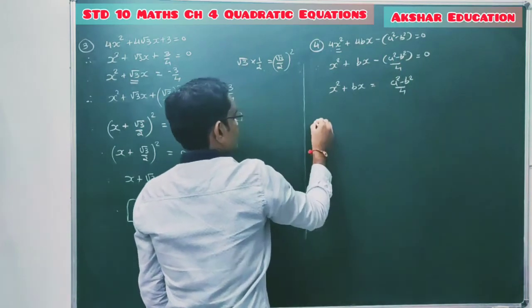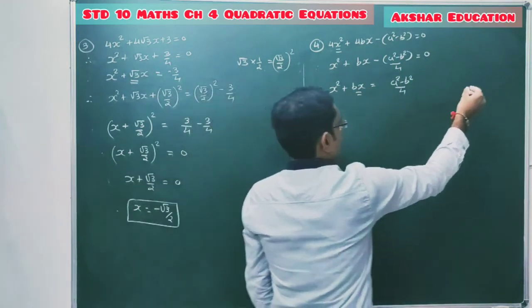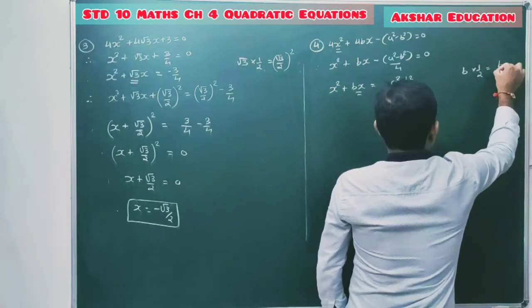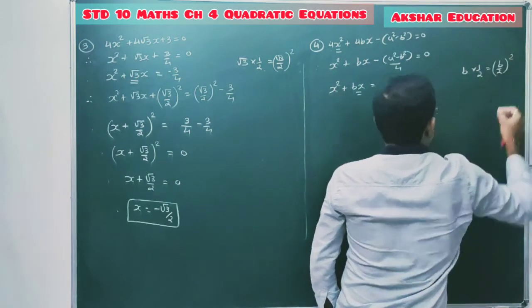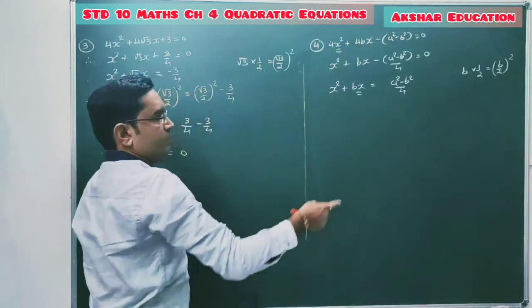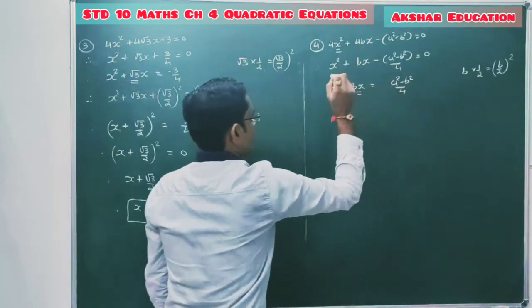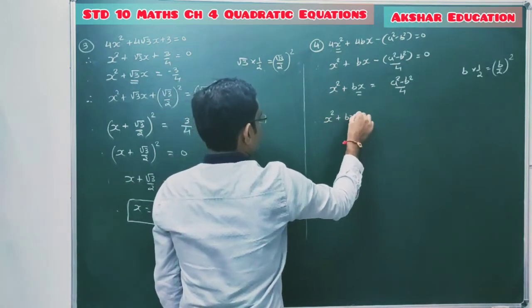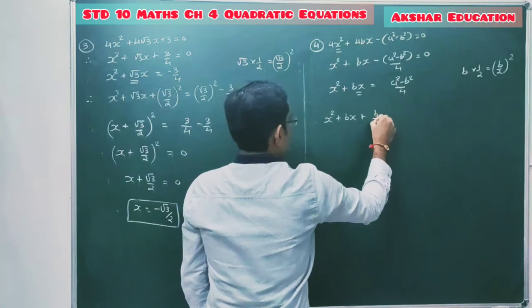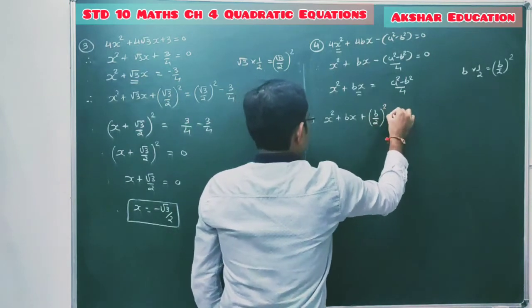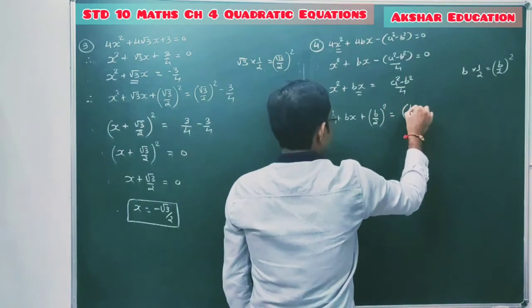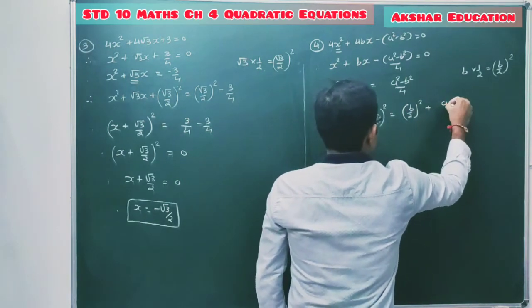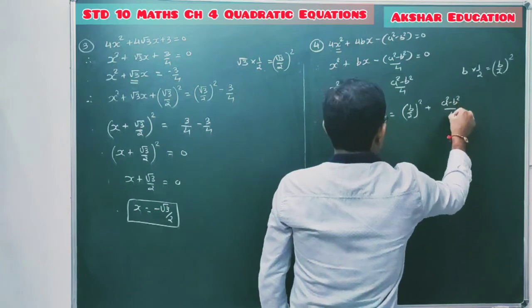Now next step, you have to consider the coefficient of x, which is b. Divide that b by 2, so it's b by 2. Then take its square, so it's b by 2 whole square. Add that b by 2 whole square on both sides of this equation. Therefore we are getting x square plus bx plus b by 2 whole square equal to b by 2 whole square plus (a square minus b square) by 4.